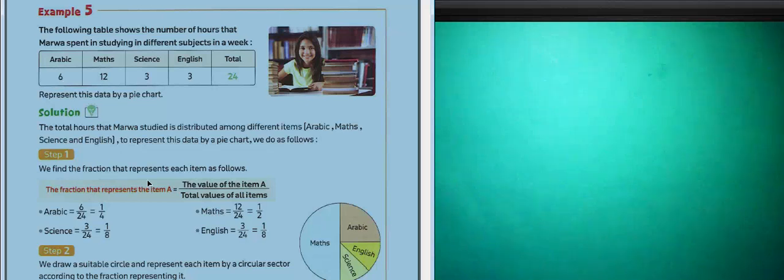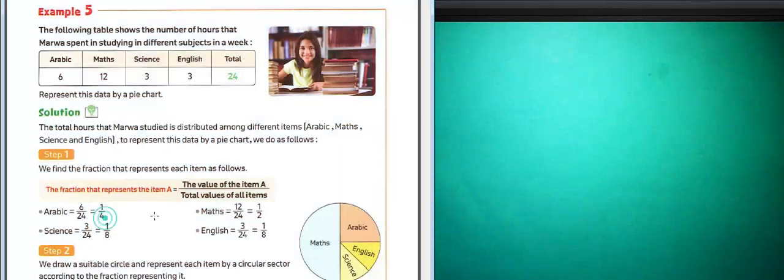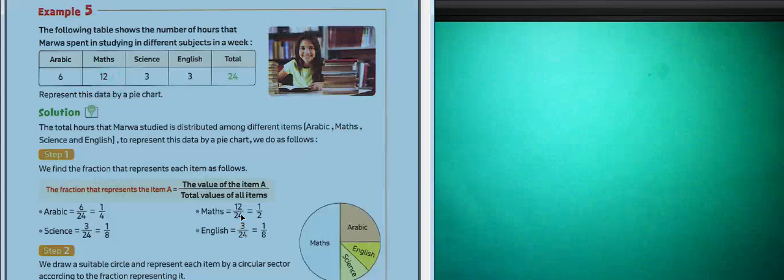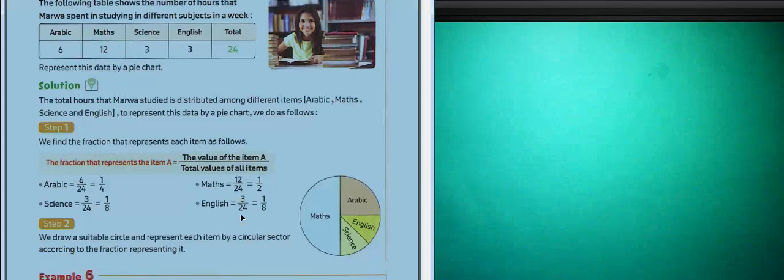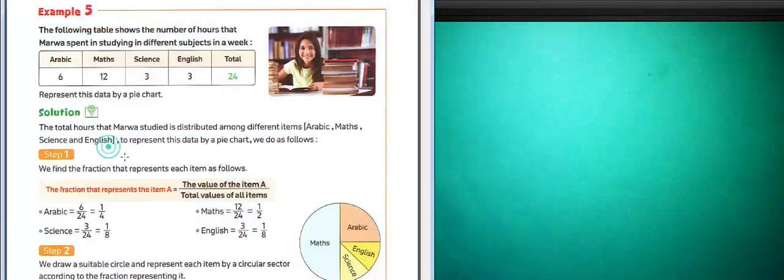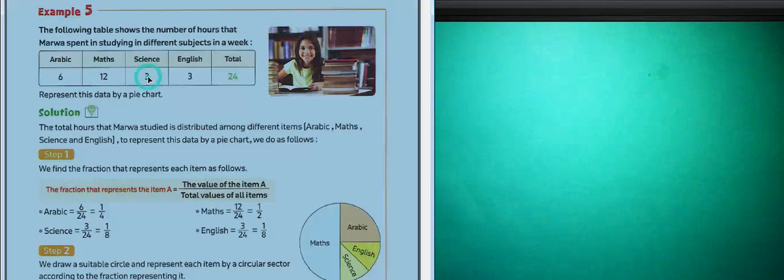Arabic, 6 from 24, will be one fourth, and Math, 12 over 24, will be half. Science is 3 over 24, which is 1 over 8, and English is equally 1 over 8.